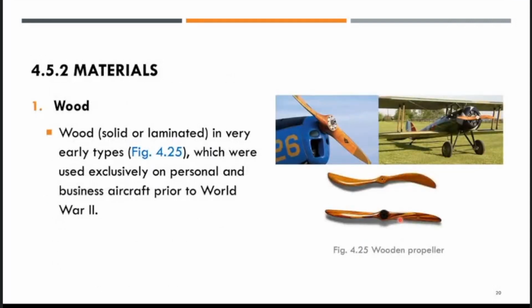And materials. We have seen materials such as the wooden propeller. It is solid, or sometimes laminated wood in very early types, which were used exclusively on small personal aircraft or business aircraft prior to World War II. That's why we rarely see a modern aircraft using a wooden propeller anymore.